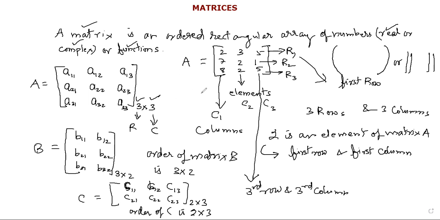It is a very easy way to represent given conditions. For example, a shopkeeper sells 5 rings, 8 bracelets, and 10 necklaces. We can represent this directly: here we write rings, bracelets, necklaces, and for the first week he sells 5 rings, 8 bracelets, 10 necklaces, and in the second week 11, 6, and 9. This is the representation of a matrix.